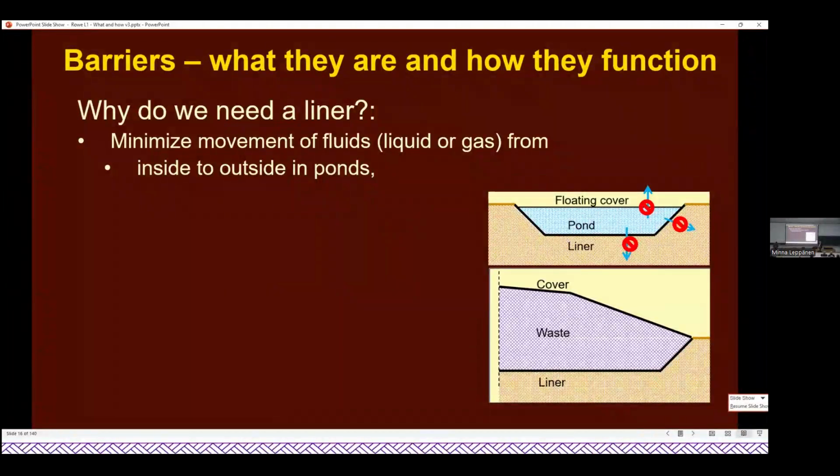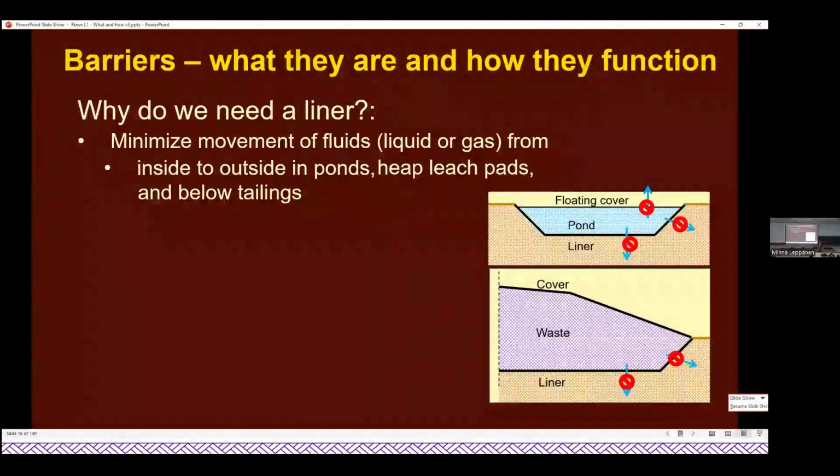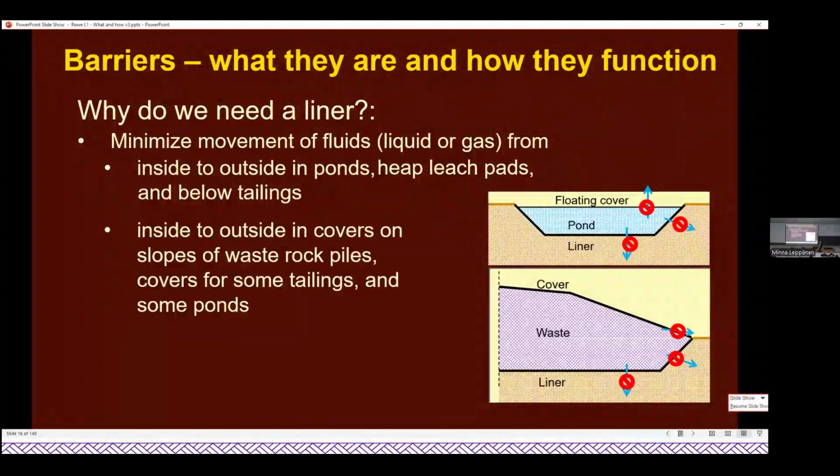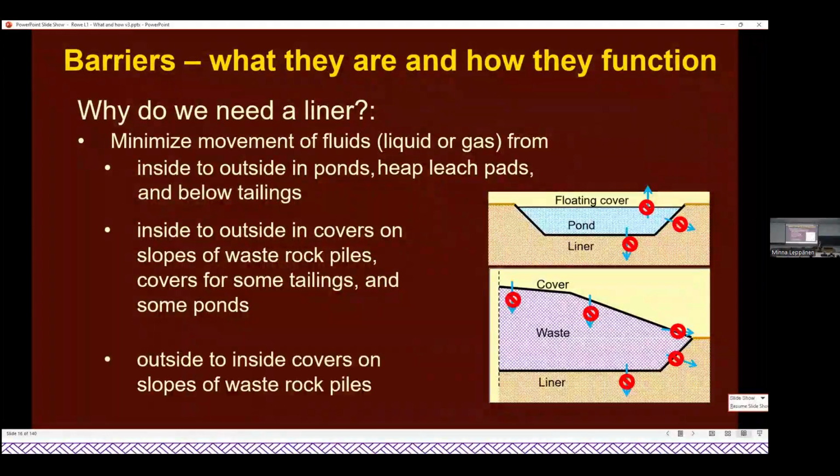Then we come to waste piles, where we're trying to minimize the escape of contaminated waters to the groundwater and the surface water system, both through the bottom liner, but also in the lower parts of slopes. And we are going to be trying to limit the ingress of liquid, generally water, but also sometimes oxygen into the waste pile.